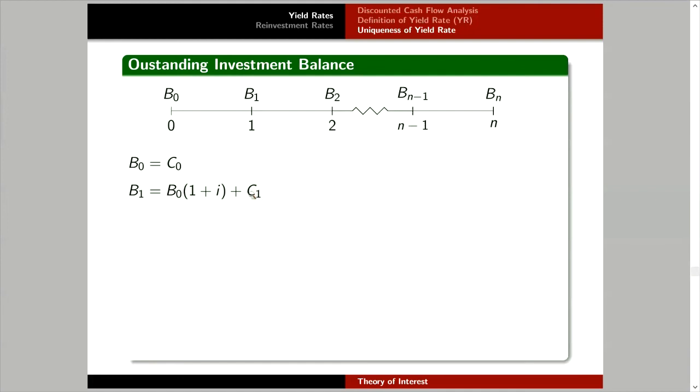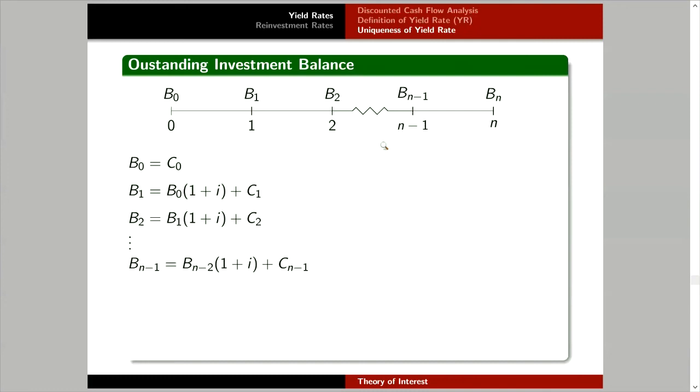Ganun lang. And then for B sub 2, you accumulate B sub 1 to time 2 plus any contributions made at time 2. Ganun lang mag-compute ng investment balance.